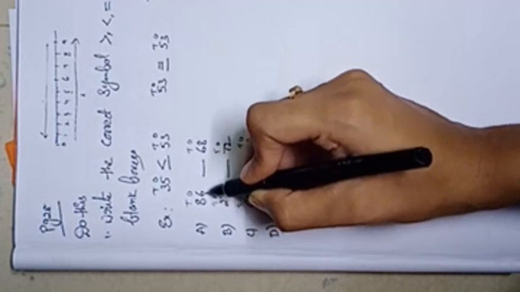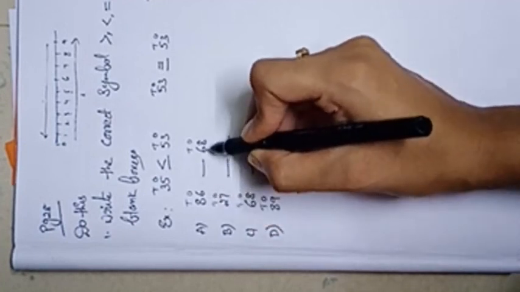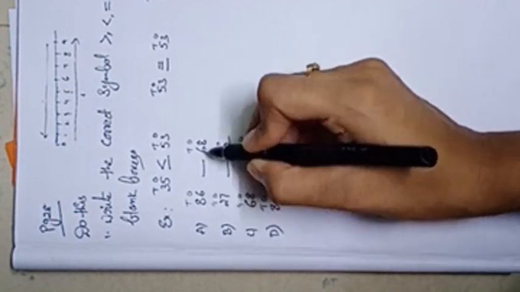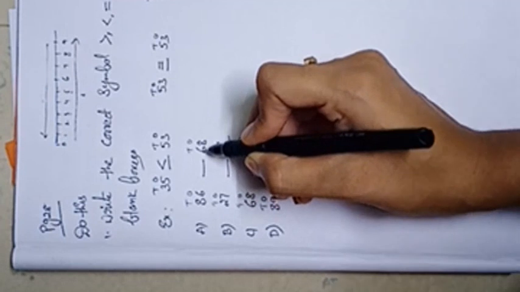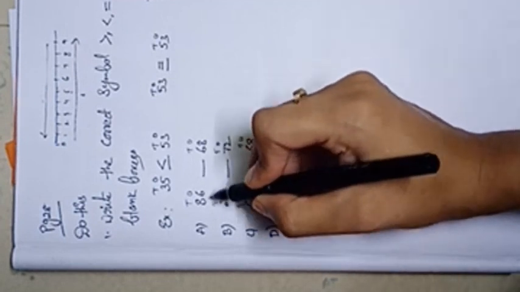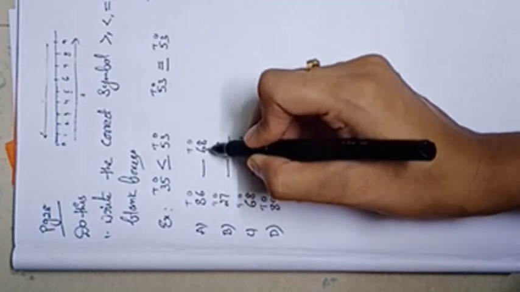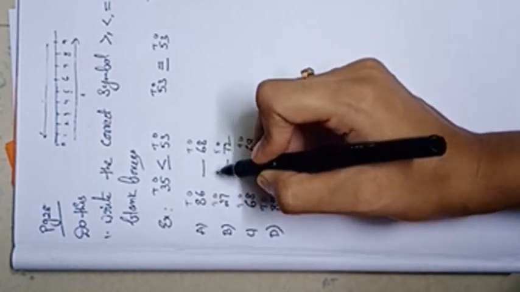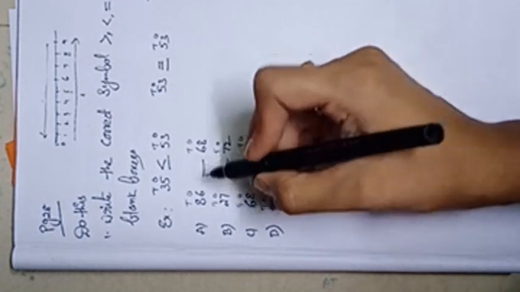So, what is this number? Read: 8, 6, 86. 6, 8, 68. First you observe tens place number, then you got the answer, means you understood which is the greater number. Then easily you can put the symbol there itself.